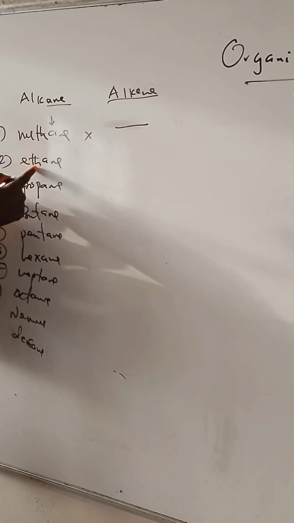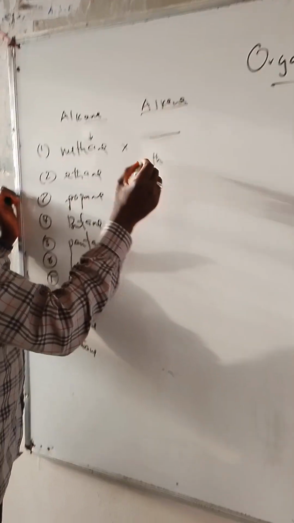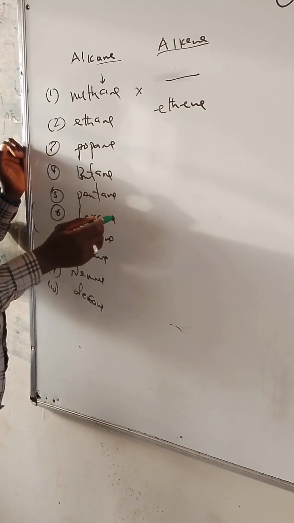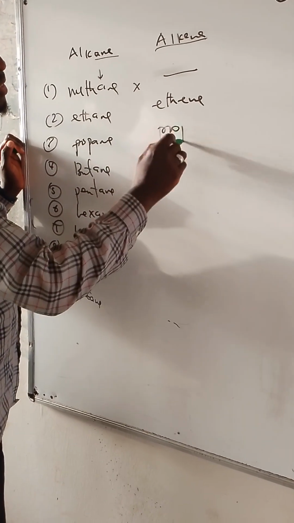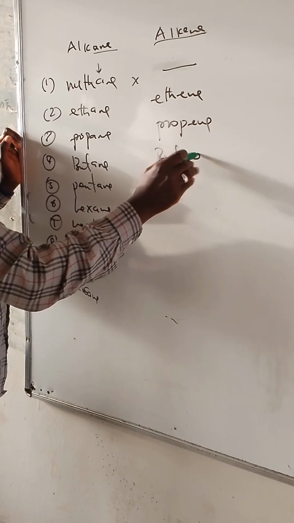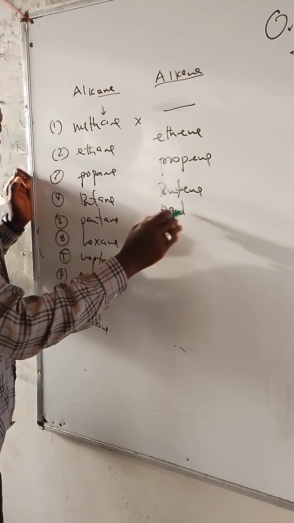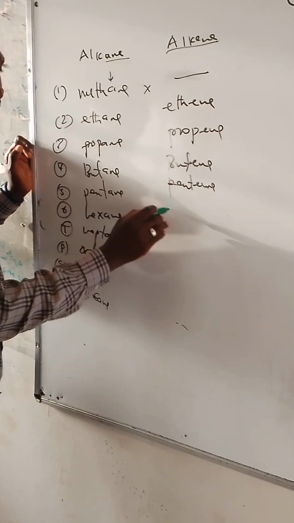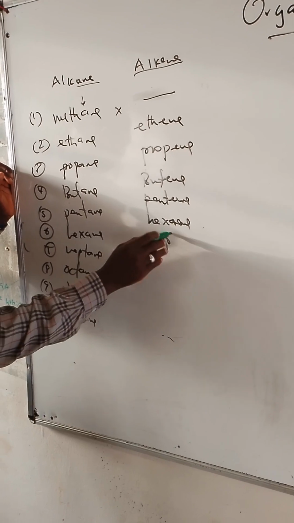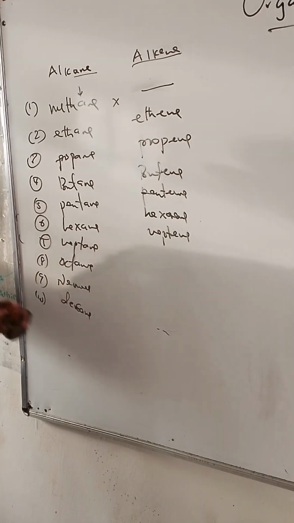It starts with ethane, so remove A and put E: E-N-E, ethene. Then we have propene, the same thing, butene, pentene, hexene, heptene. That's all up to that.